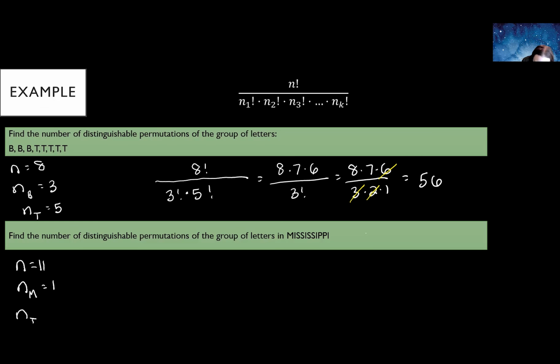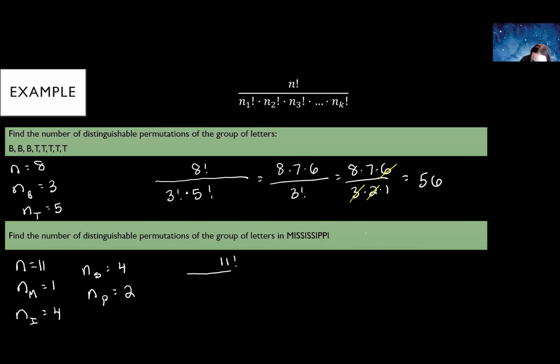And then I, which is 1, 2, 3, 4. And S. It doesn't really matter the order, I'm just doing it in the order that I see them. So I've got 4 S's, 4 I's, 2 P's, and 1 M. That's what I got. Good.